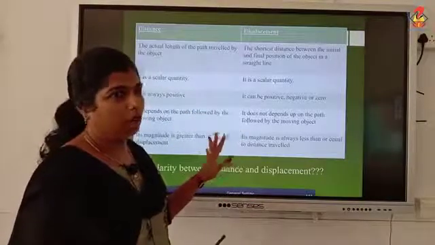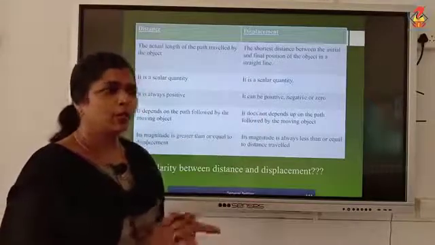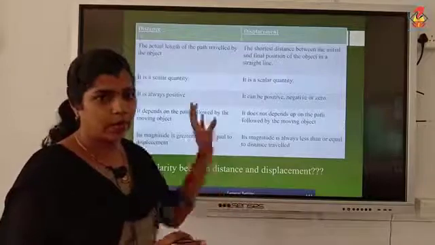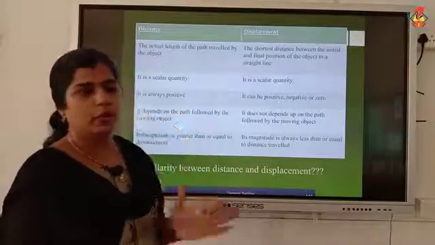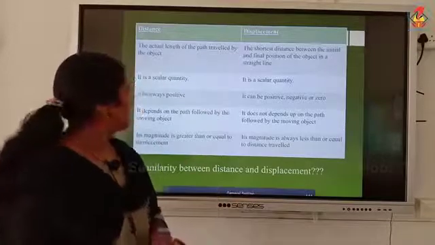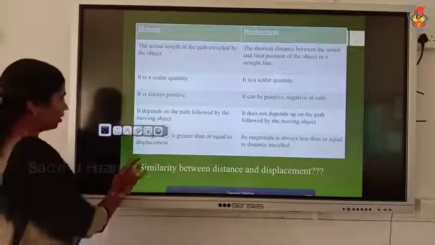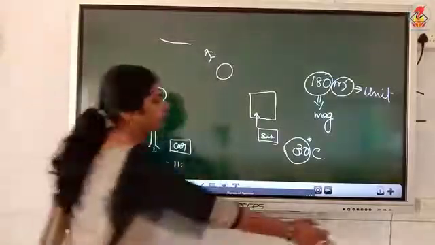What's the difference between distance and displacement? Most probably in almost all exams, 3-mark questions will be there. Then one problem. Now, we will do the problems related to this topic, distance and displacement.